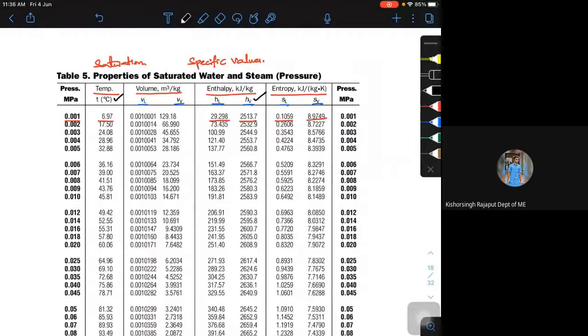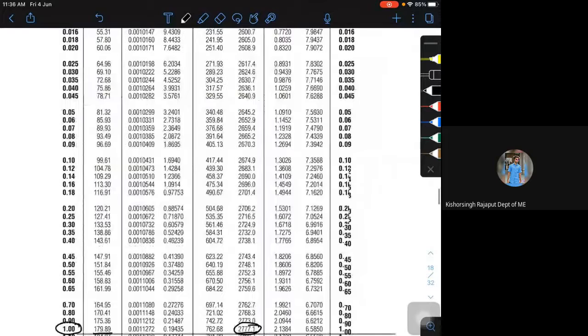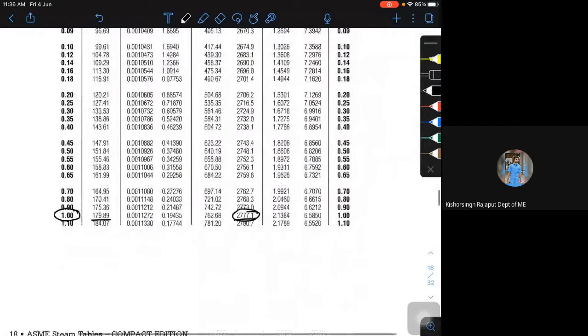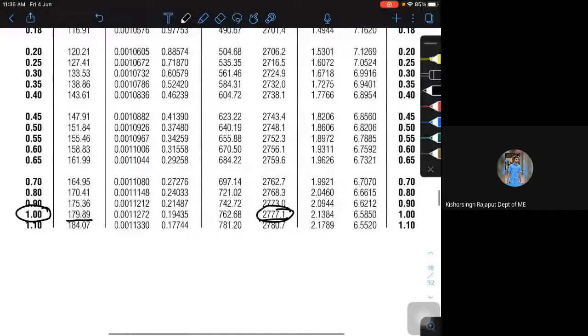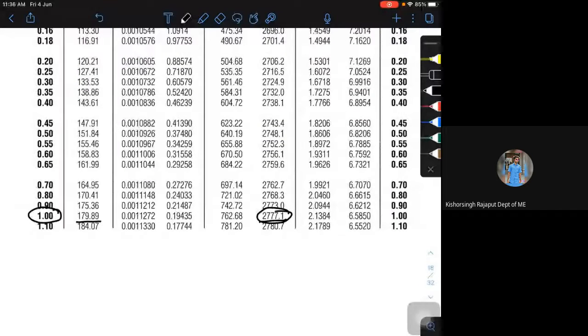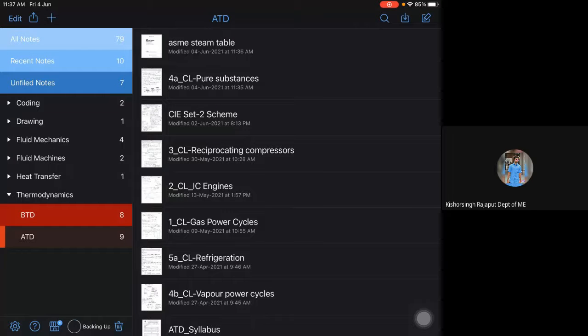You got it? So I'm looking at that column where Hg is 2777. You said 2776.2. It's just a matter of decimals, it's okay. This is the enthalpy. What is given, what is the saturation? You are able to get it from steam tables. But what is given is 2800 and some change. If you come back over here, the given enthalpy is 2880.